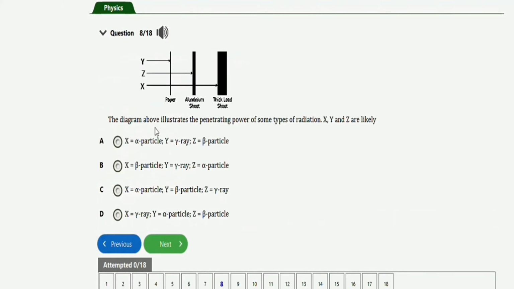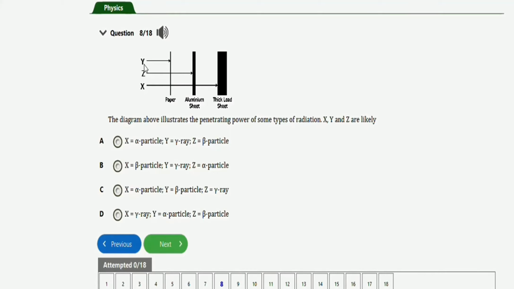It says the diagram above illustrates the penetrating power of some types of radiation. X, Y, and Z are likely. So from this diagram we have here, the one having the highest penetrating power, this X, is the gamma rays, seconded by this Z, which is the beta particle, and lastly this Y, which is the alpha particle.